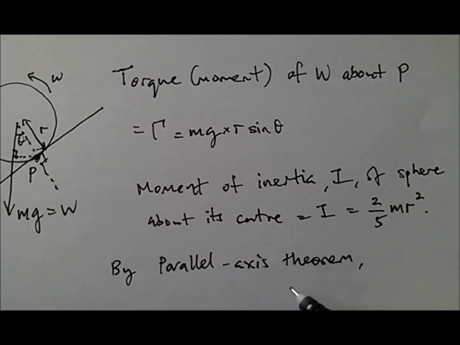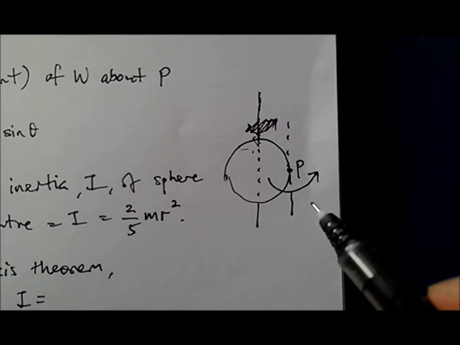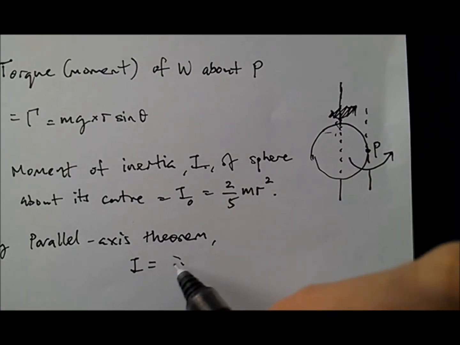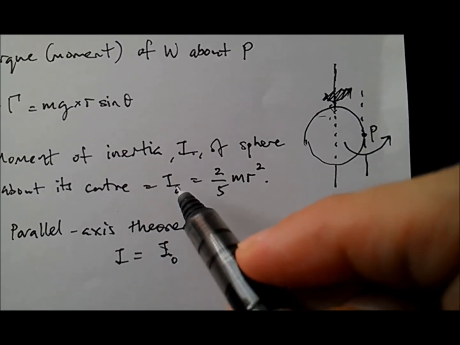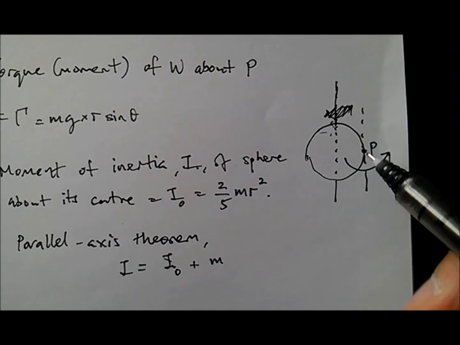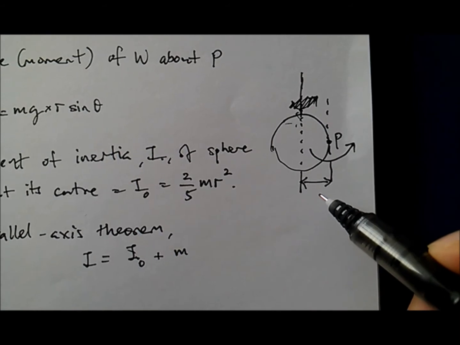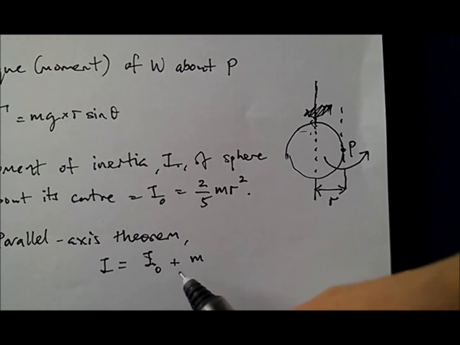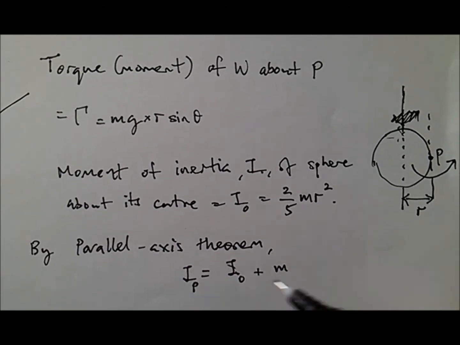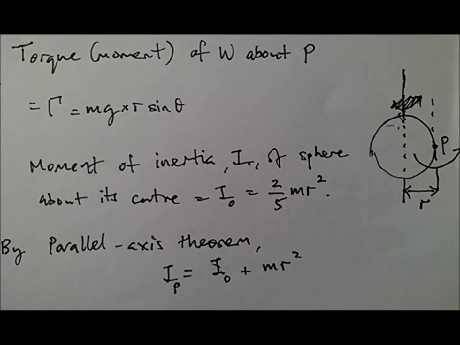Which tells us that the moment of inertia in this case will be the moment of inertia about its center, which I've renamed I0, plus mass times the distance of the new axis from the center of mass axis, in this case R. So in our case, the parallel axis theorem tells us that the moment of inertia about P will be the same as the moment of inertia about O plus m r squared.